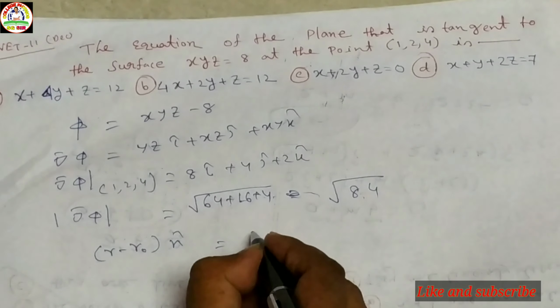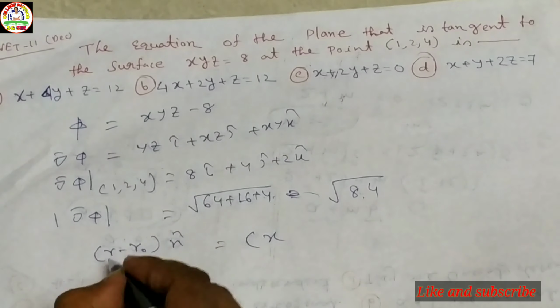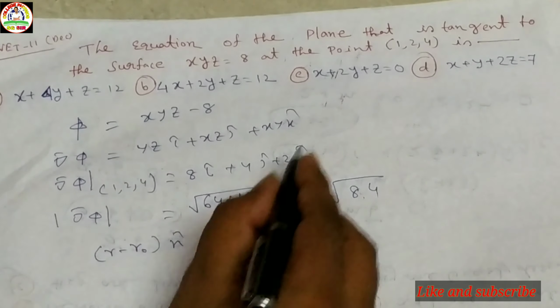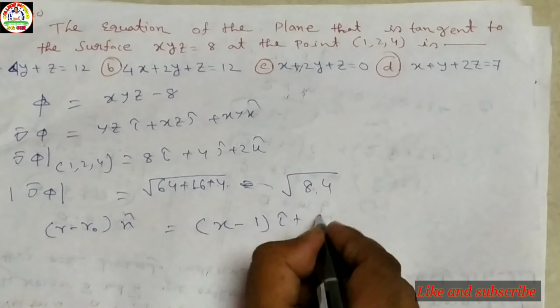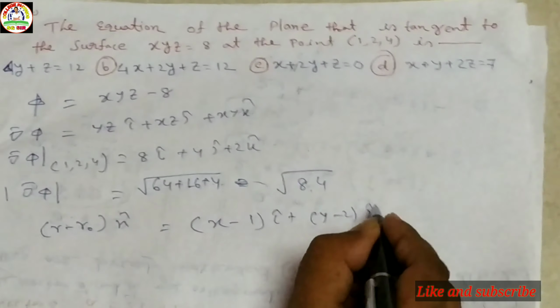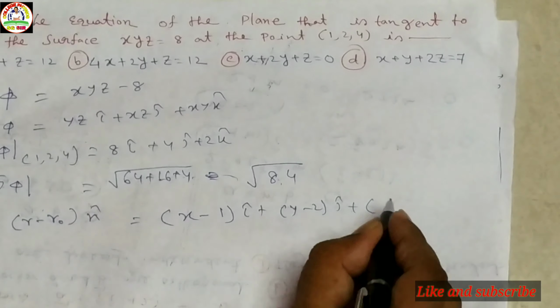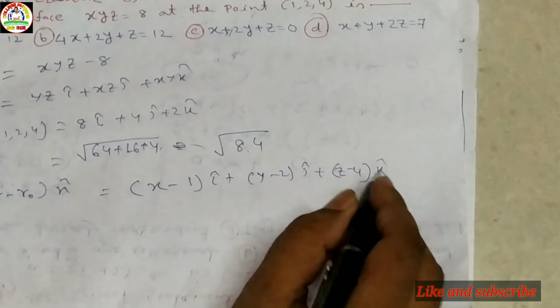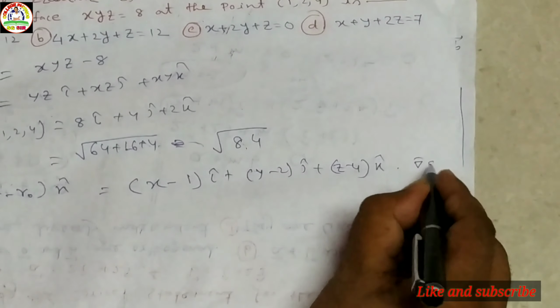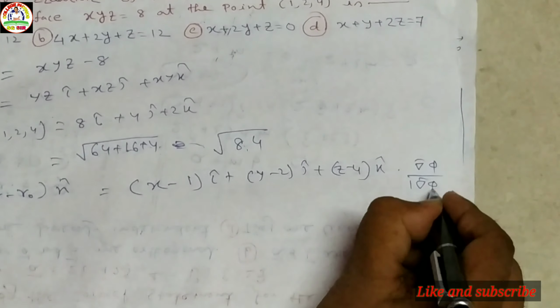So here x minus 1 i cap plus y minus 2 j cap plus z minus 4 k cap, dot n cap, which means grad phi by mod of grad phi.